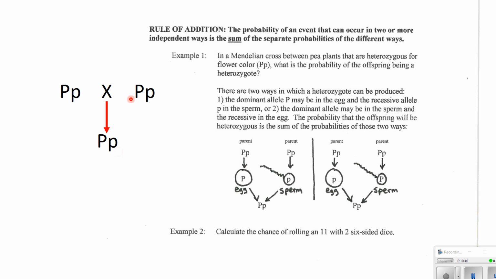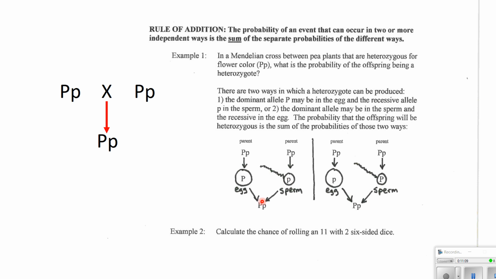When these two parents pass down their genes, in order to get an offspring that's big P little p, that can happen two separate ways, right? The first parent could pass down a big P in the egg, and the second parent could pass down a little p in the sperm. That would give us big P little p.